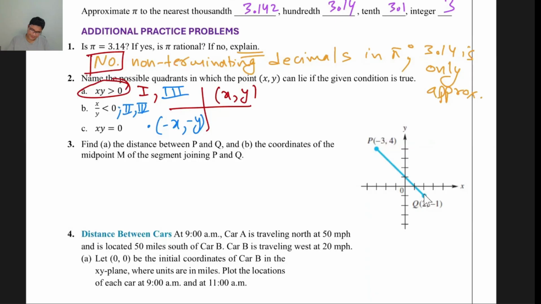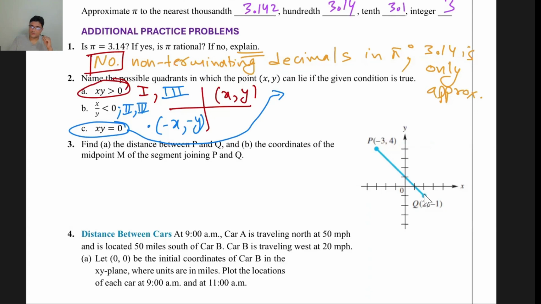Okay. And finally, in which quadrant is x y, the product, equal to 0? And the answer is again very simple. At least one of them, x or y, has to be 0 for the product to be 0. Think about that. You cannot take two non-zero numbers and multiply and get a 0, right?